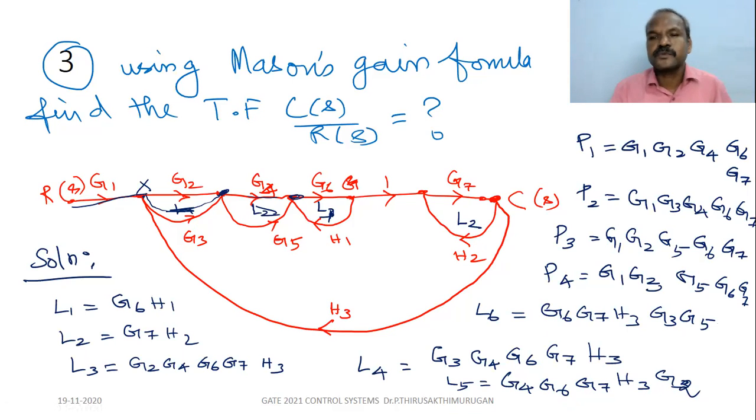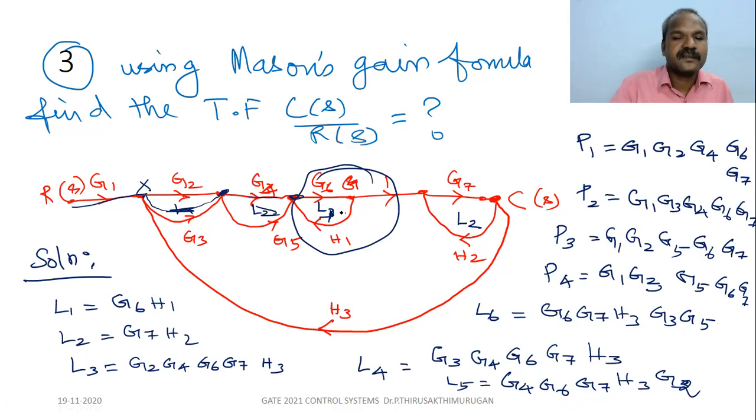How many non-touching loops? Only one non-touching loop, that is this loop. This loop is not touching the other two loops, right? So the number of non-touching loops is 1.